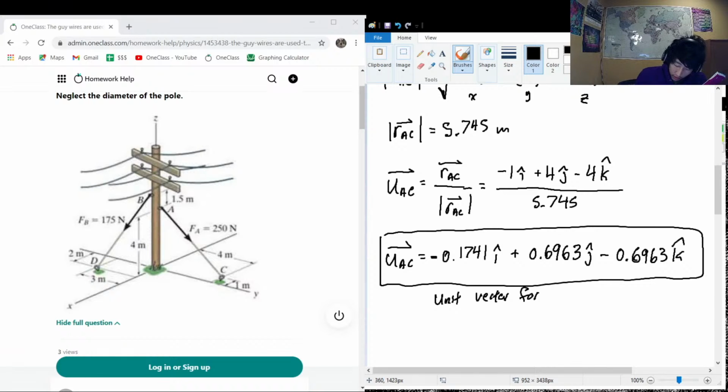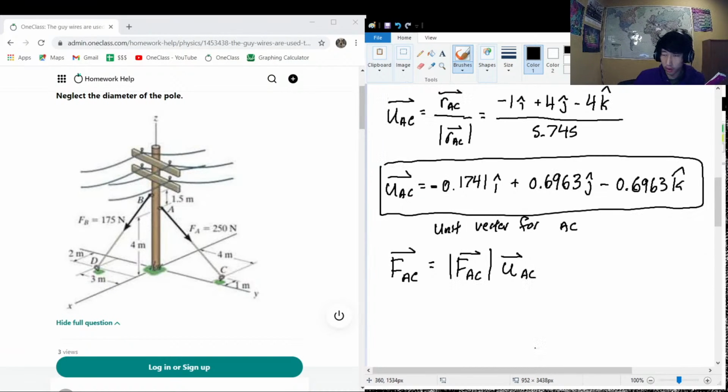Unit vector for AC. Now, to get the force AC, we just have to do the magnitude of AC force multiplied by the unit vector of AC. Okay, or I guess it's not really AC, it's just A, but it is pretty much the same thing.